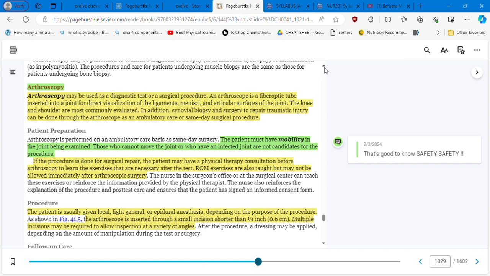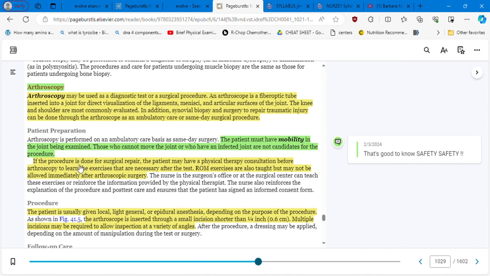Are you going to cause more infection? Yes, that is the rationale. So, for an arthroscopy, the patient must be able to move and must be infection-free. Okay? Safety, safety, safety. That's good to know. You will see this question.